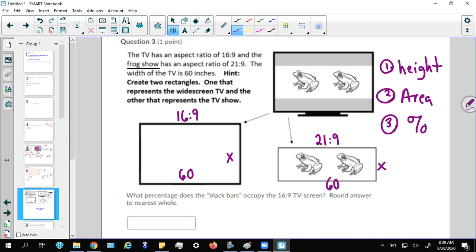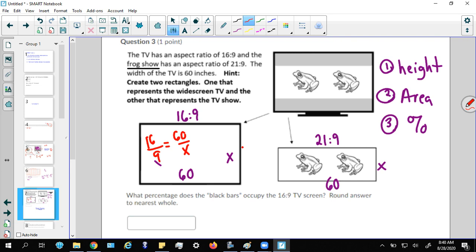So when you're doing this problem, I'm going to do the TV first because this is the size of the TV screen. I'm going to create a proportion. The proportion is 16 over 9, because it's always width over height, equal to 60 over x. Cross multiply and solve.